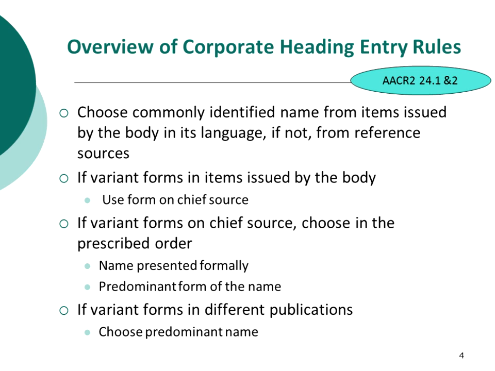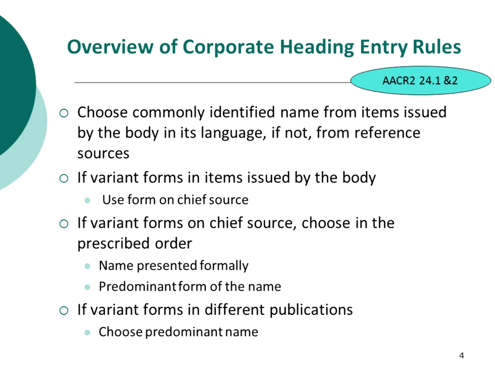Now, we are under the second bullet here in this slide. If you have varied forms in an item issued by the body, use the form found on the chief sources of information.